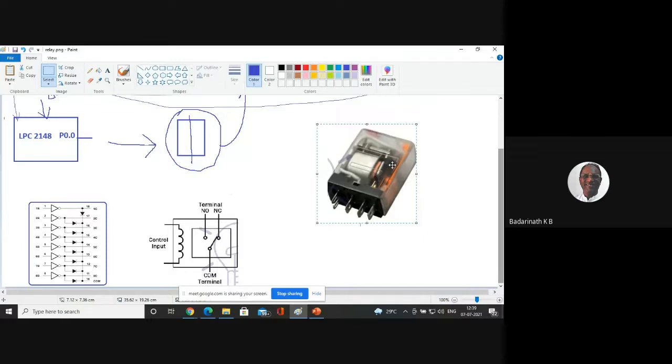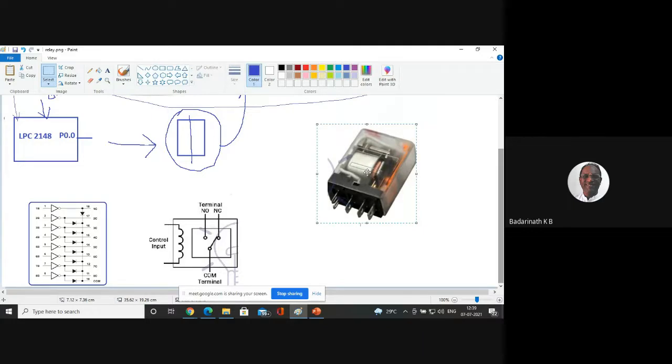Now, what is the disadvantage of these electromechanical relays? The physical movement is there. Wherever there is physical movement, the life is less. The components are cost effective, you can get a relay for 60 or 70 rupees, but the life is less, and they may not operate at a very high speed.